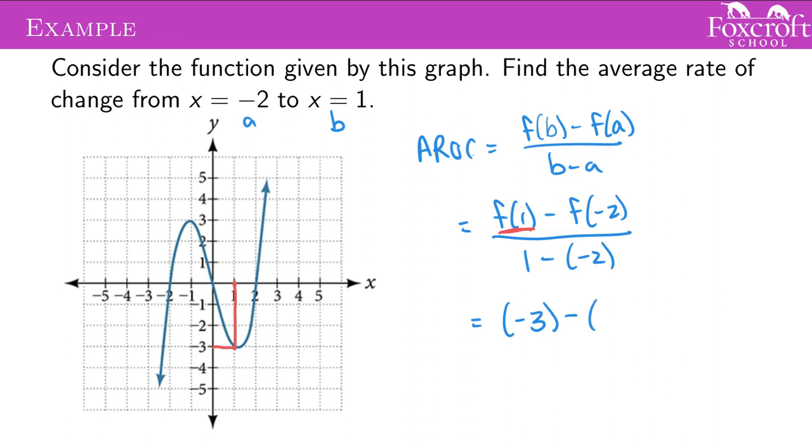Then I'm going to do the same thing for -2. I go to -2, and the y value there is 0. And then I can do order of operations, subtraction. The bottom, that double negative, turns into addition. And simplifying, I get -1.